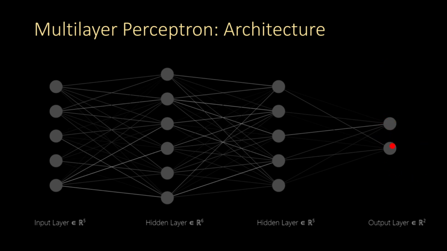Each of these final dimensions can refer to a certain category, for example. If we're classifying between cats and dogs, one can refer to a score of the object to be a cat, and the other can refer to the score of the object to be a dog.